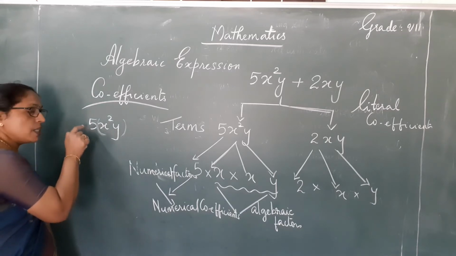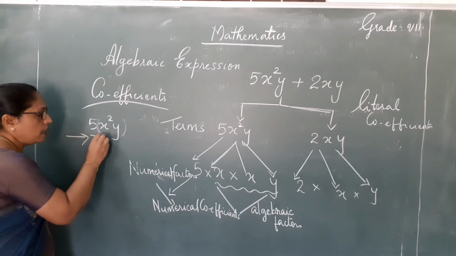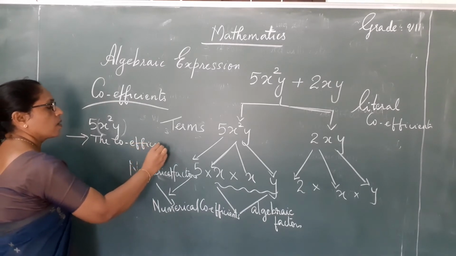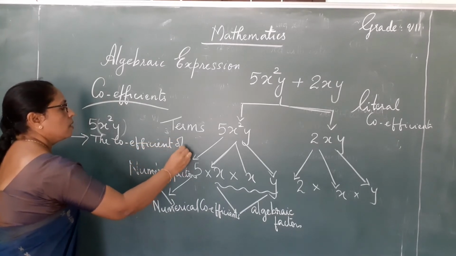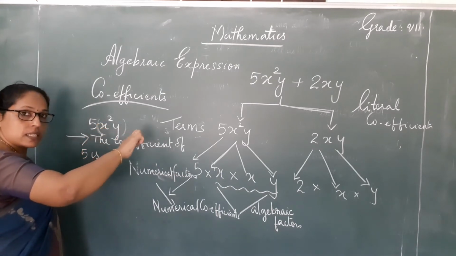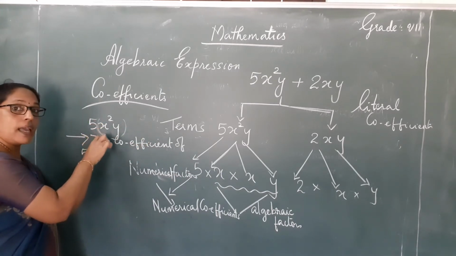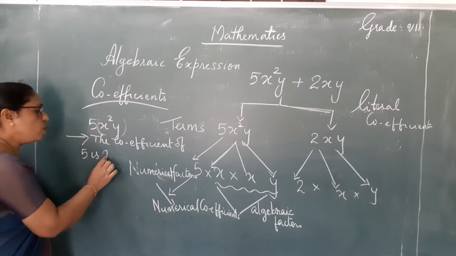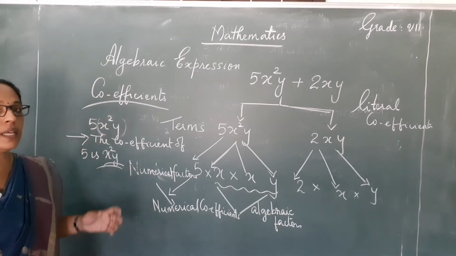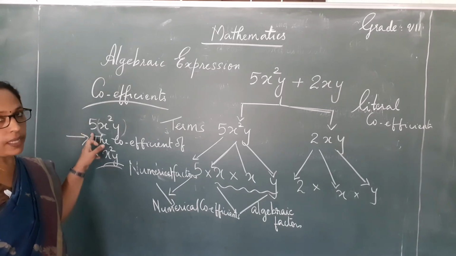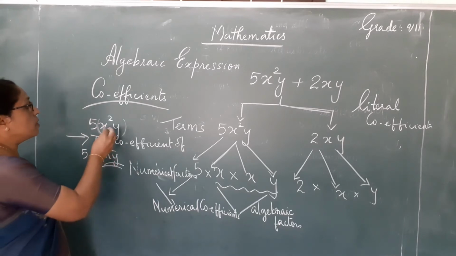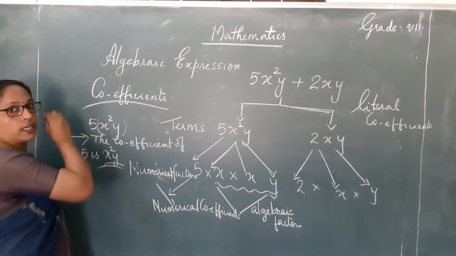The coefficient of 5 is the product of the remaining factors, x square y. Now if I change the question, what is the coefficient of x square?